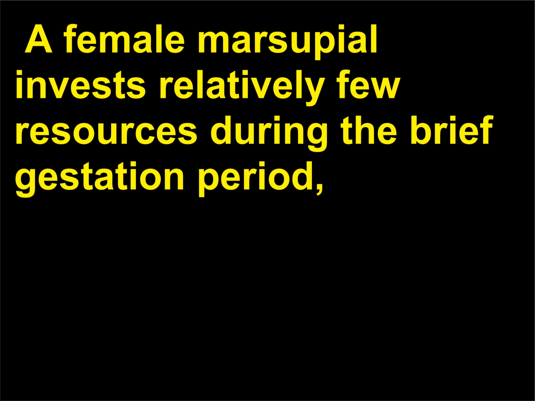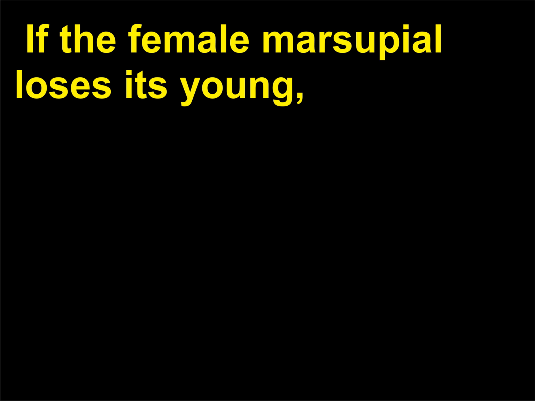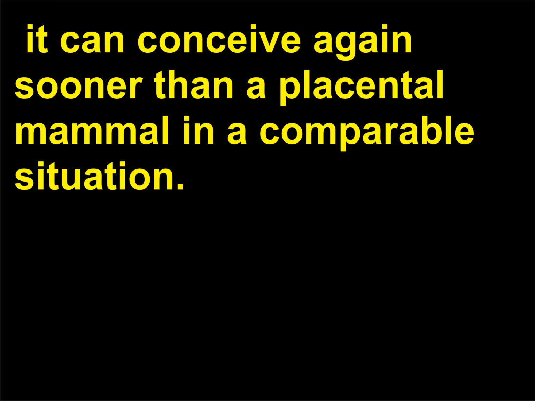A female marsupial invests relatively few resources during the brief gestation period, more so during the lactation (nursing) period, when the young are in the marsupium. If the female marsupial loses its young, it can conceive again sooner than a placental mammal in a comparable situation.